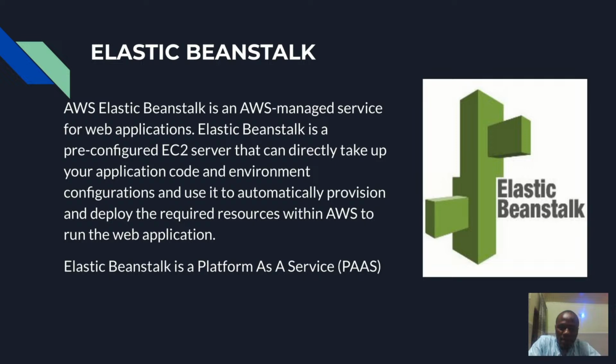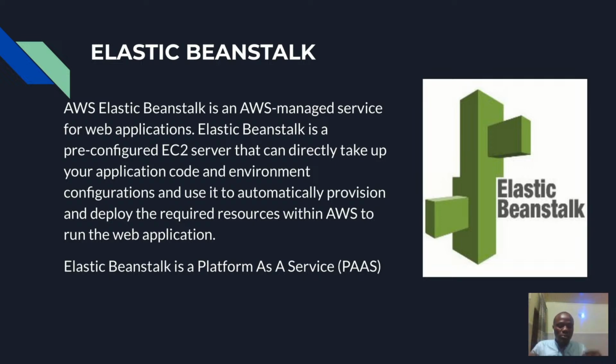So basically, to start with, I'll be talking about Elastic Beanstalk. Elastic Beanstalk gives you a pre-configured EC2 instance that can directly take up your application code and do the configuration of the environment required for your application code to run.